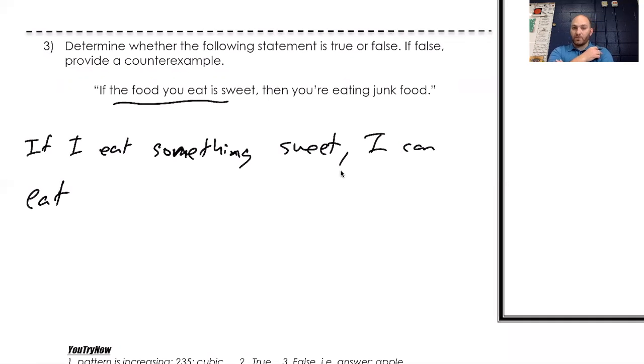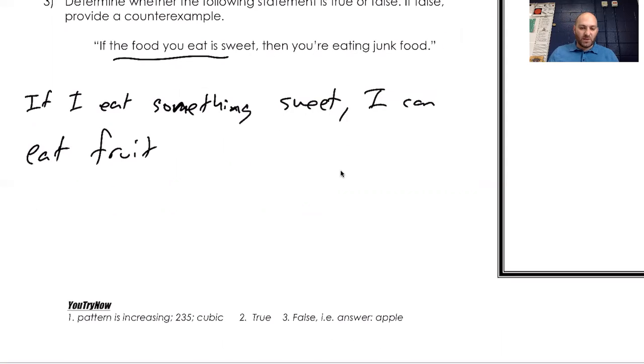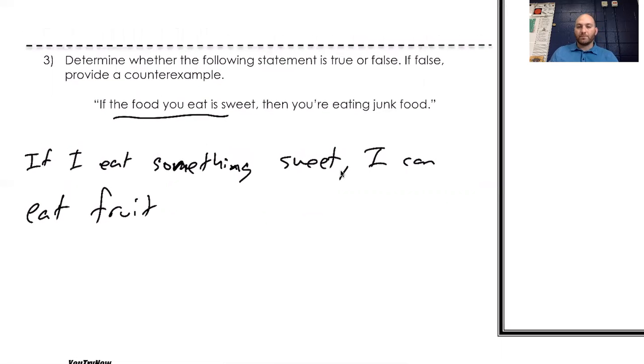That's my counterexample. So is there something that I can eat that's sweet that's not junk food? Fruit. I'd say fruit's pretty sweet. Okay. So you can see that we give specific answers, an apple, but that's the idea.